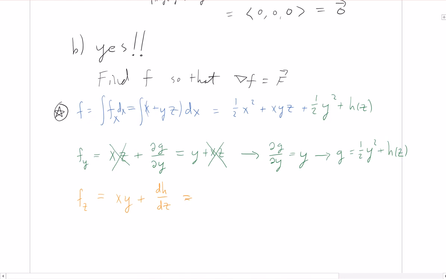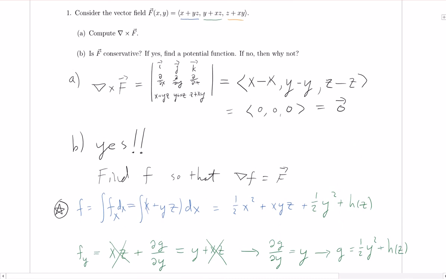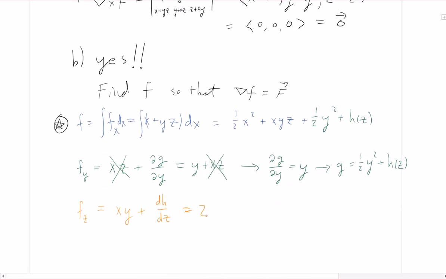And as we keep doing, we insist that this should be equal to the z slot of the original vector field, which was z plus xy. And we have the xy term on both sides, which cancels. So we get that the derivative of h is just z. And so h is 1/2 z squared plus, now it's actually plus a constant, since we've taken into account all three of the variables and there aren't any left.